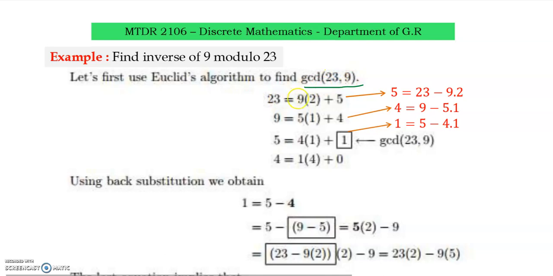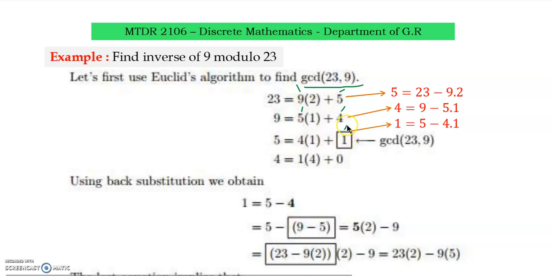So 23 is equal to 9 multiplied by 2 plus 5; the remainder is 5. For the next step, take 9 and 5: 9 is equal to 5 multiplied by 1 plus 4. Then take 5 and 4: 5 is equal to 4 multiplied by 1 plus 1.